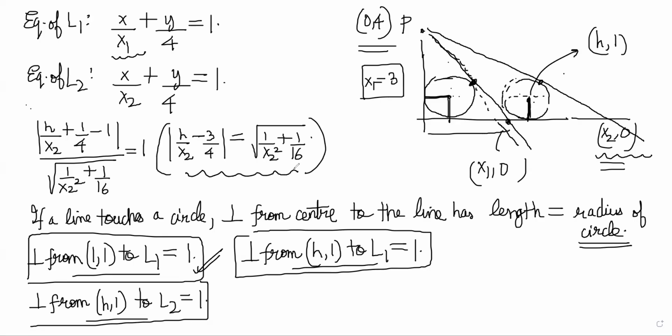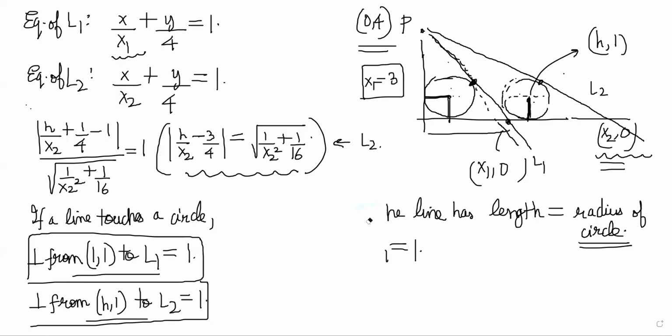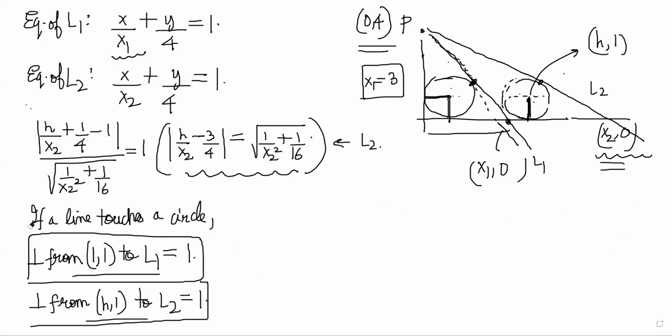Also the perpendicular from (h, 1) to line L1 is also 1, right? Because circle 2 was tangent to both L2 and L1, right? So this is the condition for the L2 line. Now I have to do it for the L1 line. So let me write the equation here. The center is at (h, 1), and notice this line equation is x/3 + y/4 = 1, because we already know x1 is equal to 3.